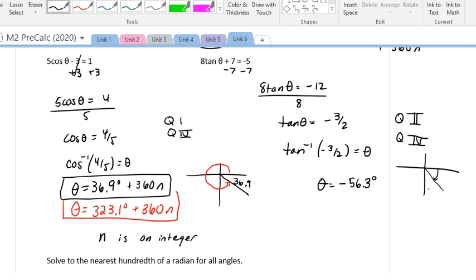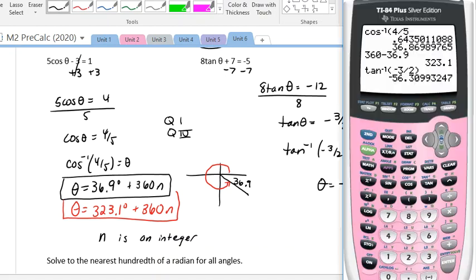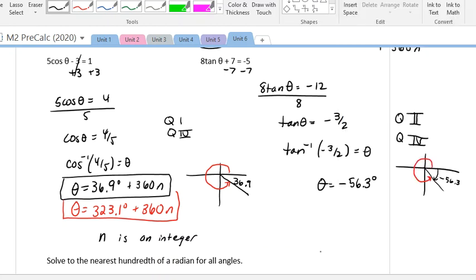I don't need to do that in this problem because it's okay for it to be negative. But let's say I needed it because of the directions. This is negative 56.3, so I'm going to do 360 minus that 56.3, 303.7.